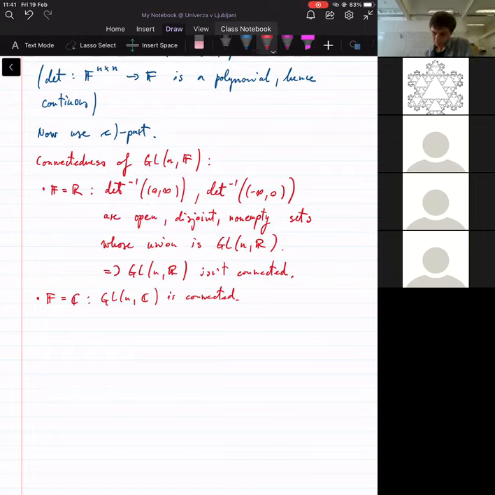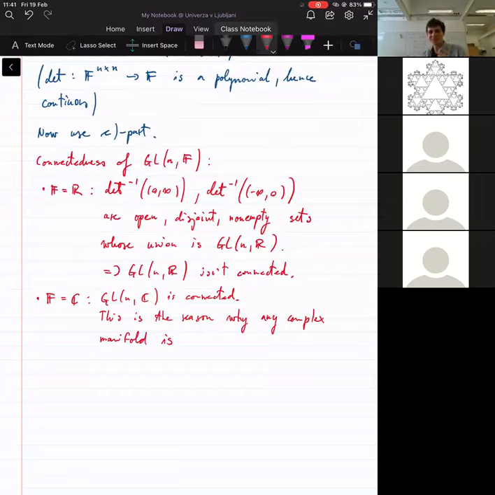And this is the reason why any complex manifold is, drum roll, what do we have? Any complex manifold, so it's connected. Is what? Connected.